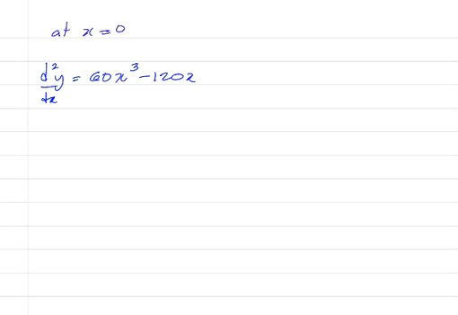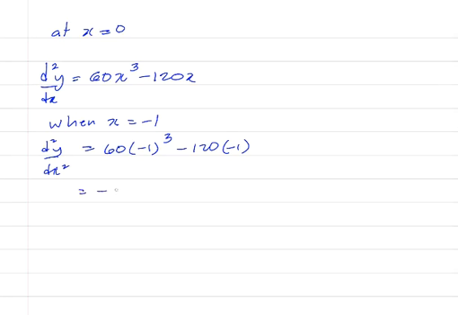Let's check a value of x before 0. I could say when x is equal to minus 1, d2y by dx squared would be 60 times minus 1 cubed minus 120 times minus 1. So this is going to be minus 60 plus 120, and this is equal to 60.